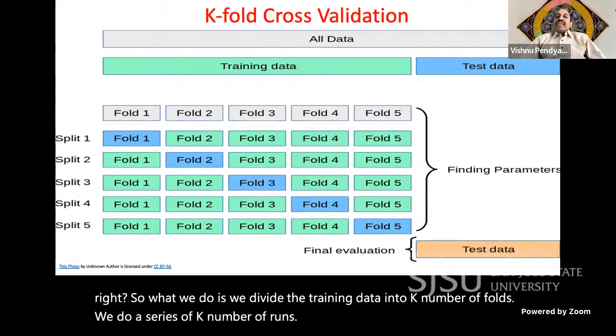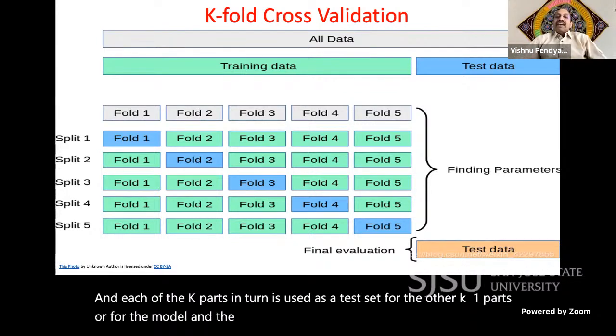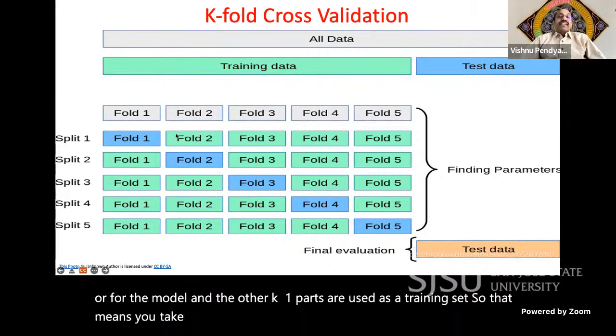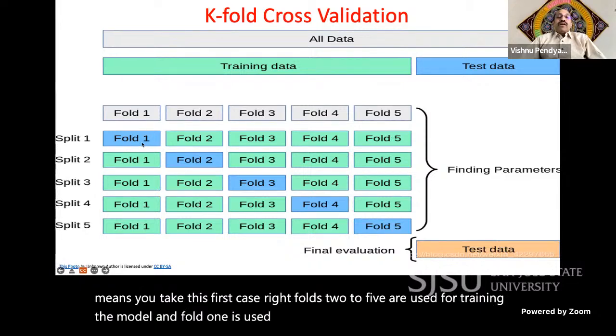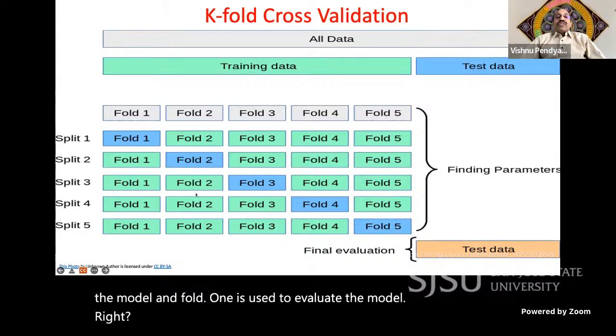Each of the k parts in turn is used as a test set for the model, and the other k-1 parts are used as a training set. So you take this first case: folds 2 to 5 are used for training the model, and fold 1 is used to evaluate the model, right? Similarly, so on and so forth. You do the same thing for all the folds.